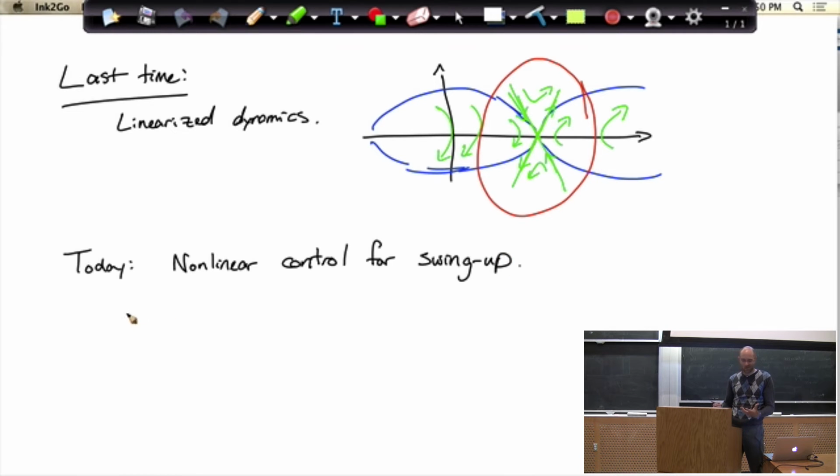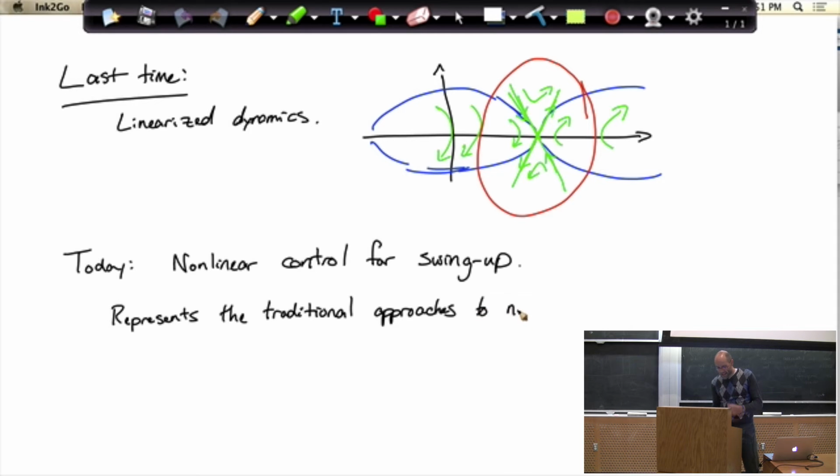It represents the more traditional, not optimization-based approaches to nonlinear control. And I like it. They're going to be specific examples that work specifically for these systems.